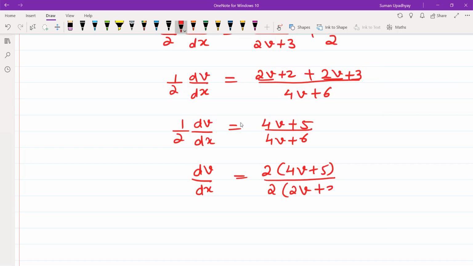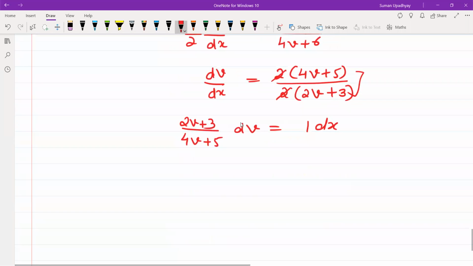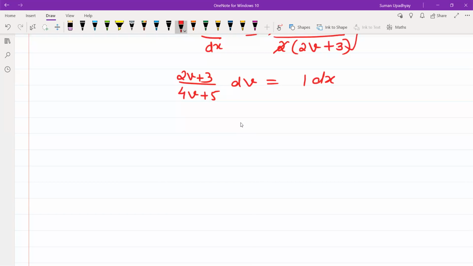So you'll be left with 2v plus 3. So this 2 and 2 will get cancelled. Now I will take these terms to that side. So it will become 2v plus 3 upon 4v plus 5 dv, and on this side 1 is left, and this dx will come on this side. Now the variables have got separated, kids.